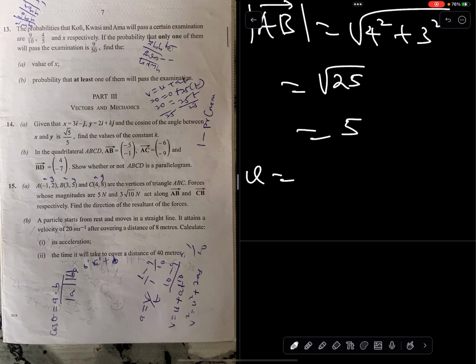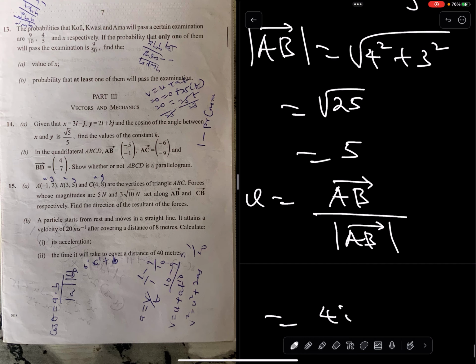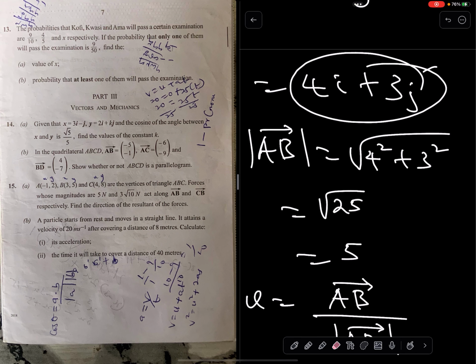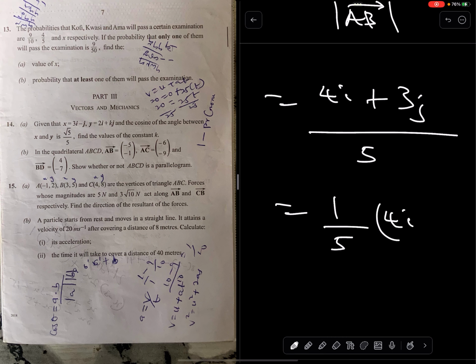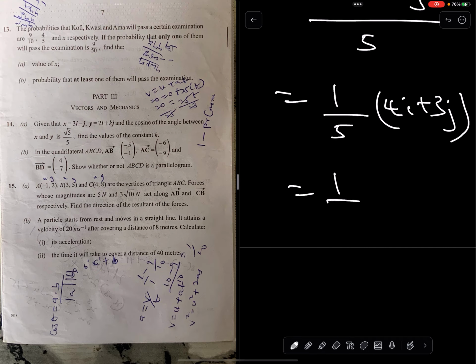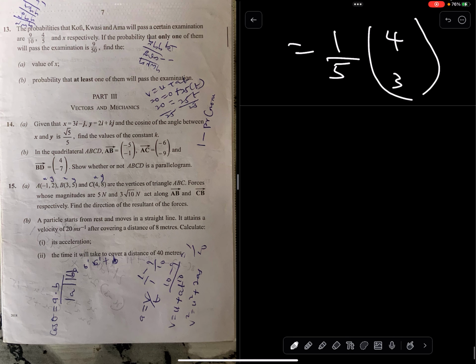Let U be the unit vector in the direction of AB, given by AB divided by the magnitude of AB, which is 4i plus 3j divided by 5. I can write it as 1 over 5 into bracket 4i plus 3j, or in column form. Now that is the unit vector in the direction of AB.